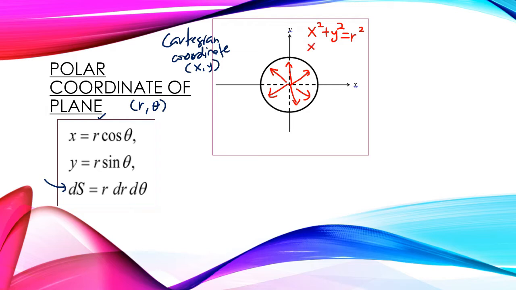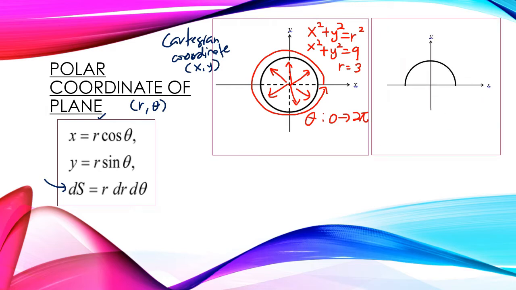Let's say you have x squared plus y squared equal to 9, therefore radius is equal to 3. Then one more thing is the angle of the circle. You can see this is a full circle, so the angle is 0 to 2 pi. Very easy.